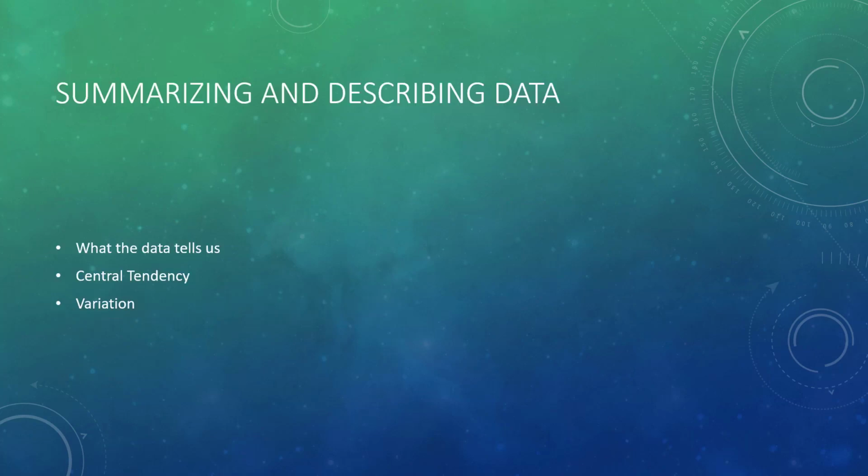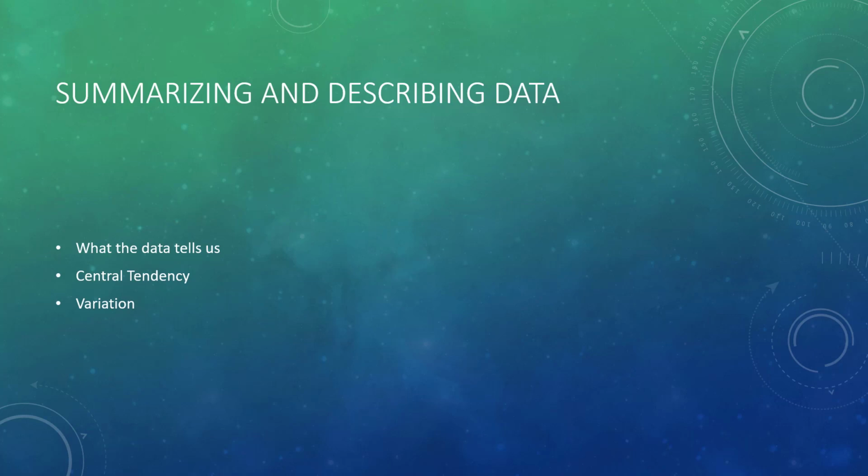Descriptive statistics in itself is what the data just says. You take your raw data set and put it through processing software, or you do the numbers yourself, like we will with a very small data set, and the numbers that come out of it, which we'll get into on the next slide, are the description of that data.